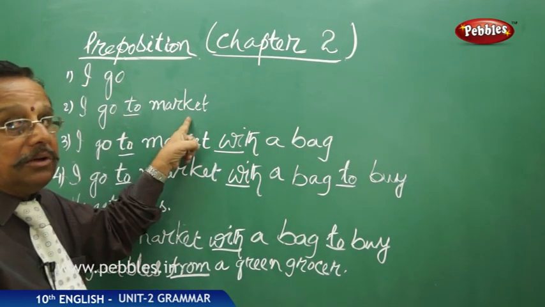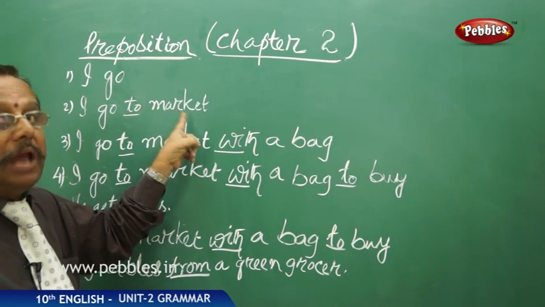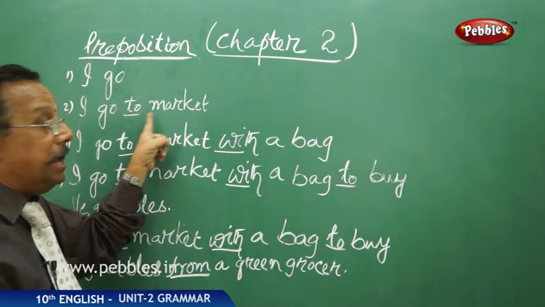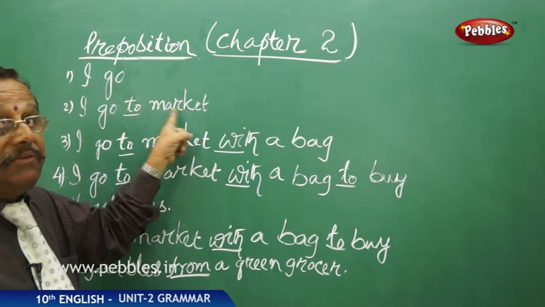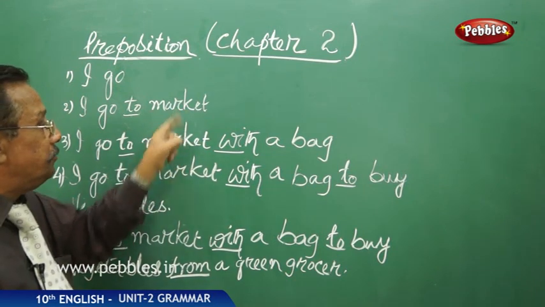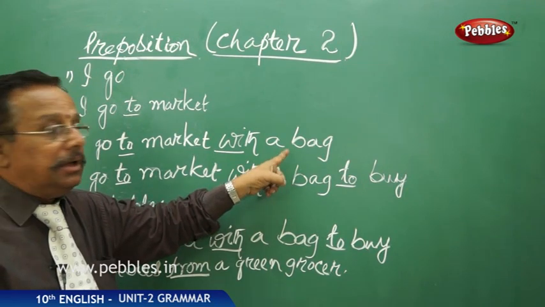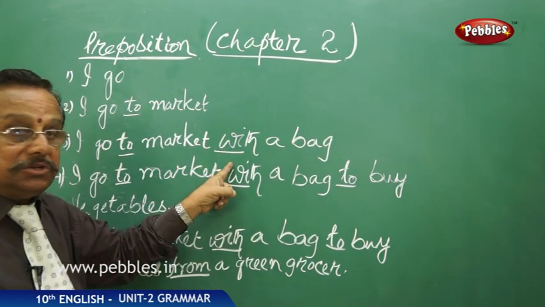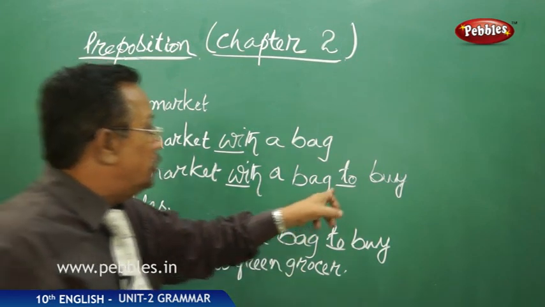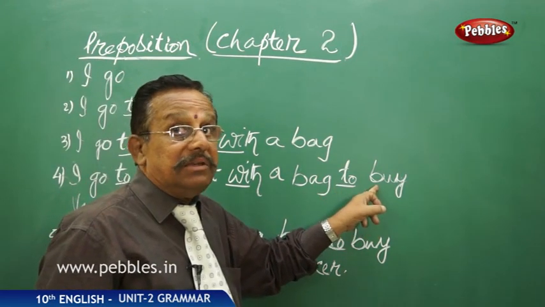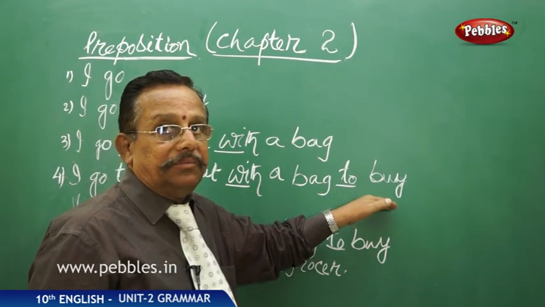To market. What is this market? It is a noun. The "to" is placed in front of a noun. Here, a bag. Bag is again a noun. In front of that, this "with" comes. Here again, to buy. It is a verb, an action.